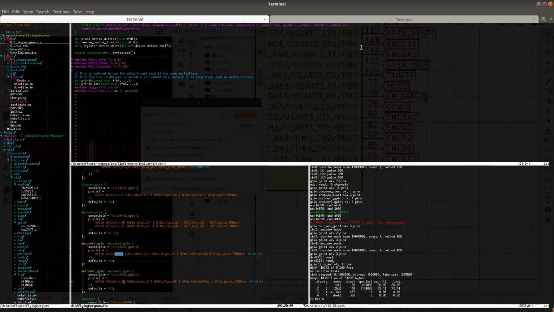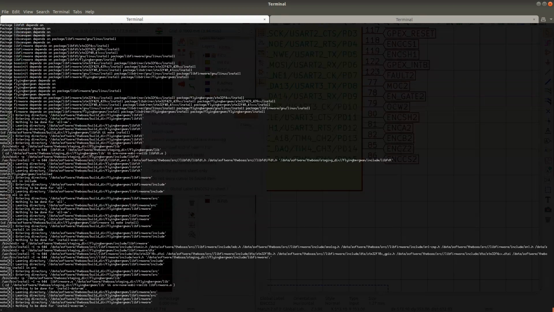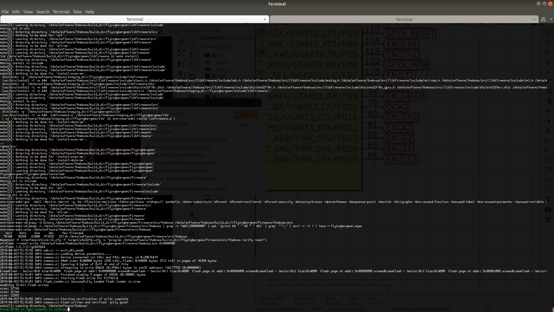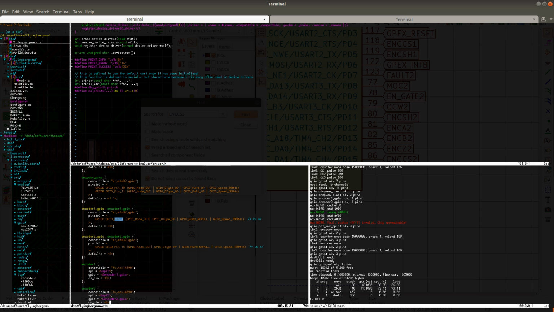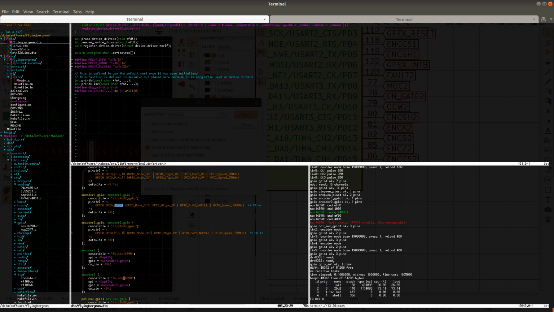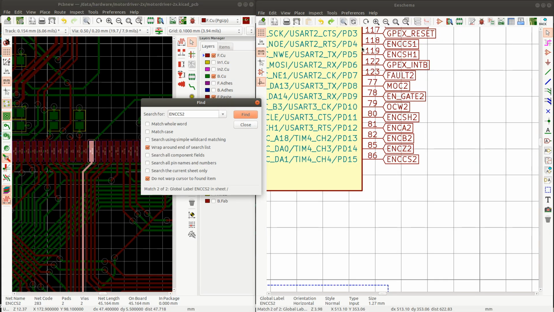Let's see. And it's still not working. PD15. Did I actually specify? Yeah. Defaults 1. PD15.